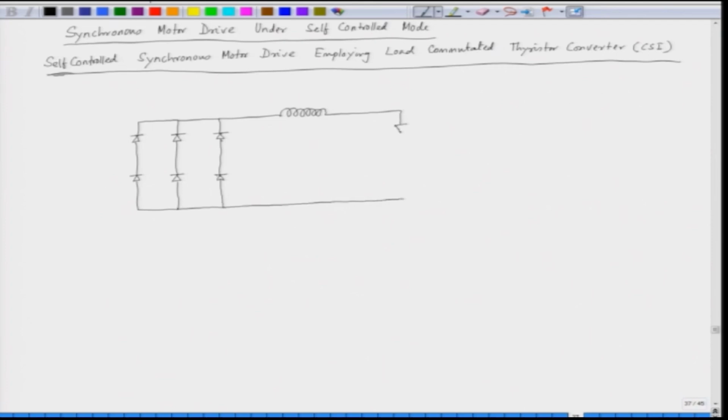Then we have a CSI, which is a thyristor converter, which has 6 SCRs. This thyristor converter is feeding the stator of a synchronous motor.